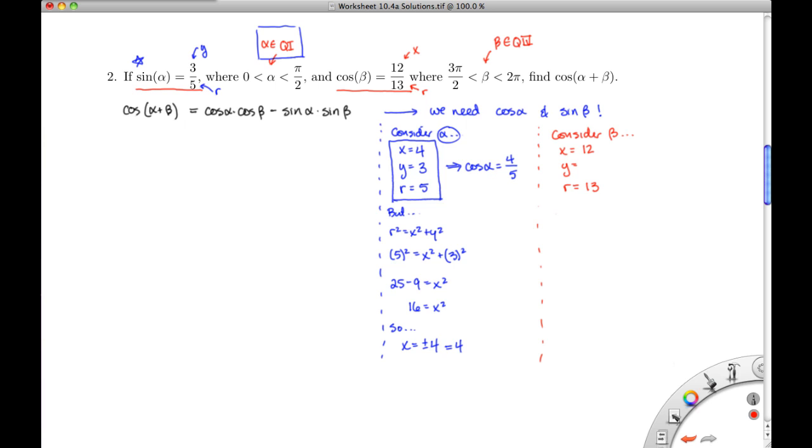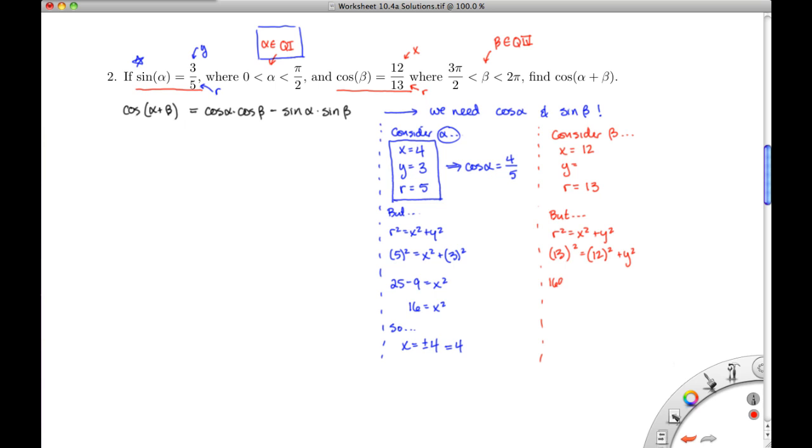So we set this up and we say, well, we know that r squared is equal to x squared plus y squared. So r is 13 squared, x is 12 squared, and y is what we're after.